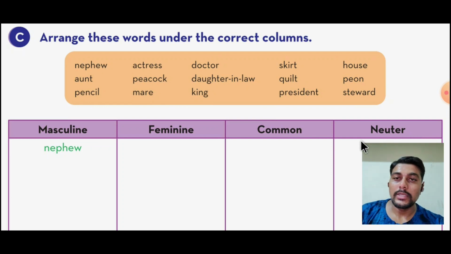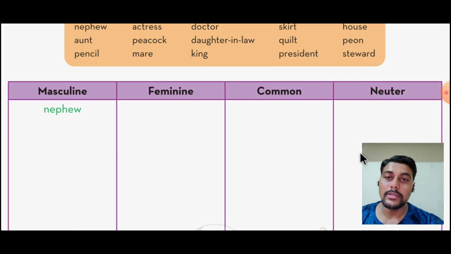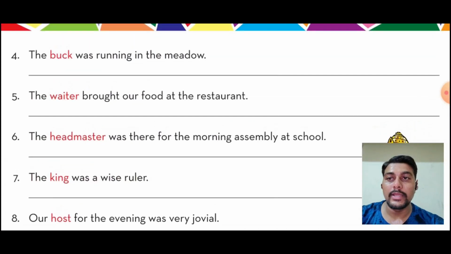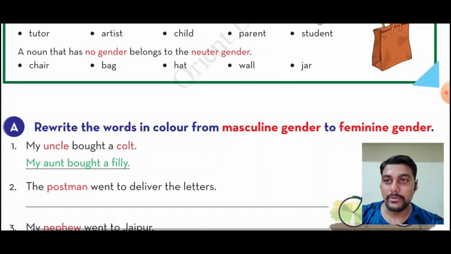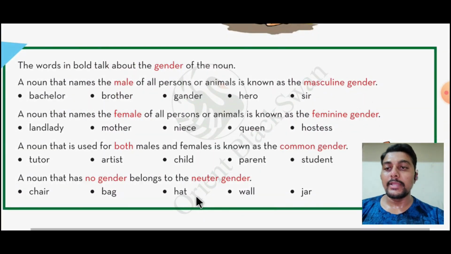So students, our chapter number 4 is complete, with the explanation of the textbook and of the exercises. There are 3 exercises: exercise A, exercise B, and exercise C. We have also completed the 4 different kinds of gender: masculine, feminine, common, and neuter.